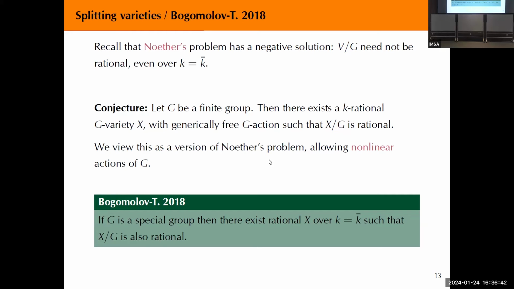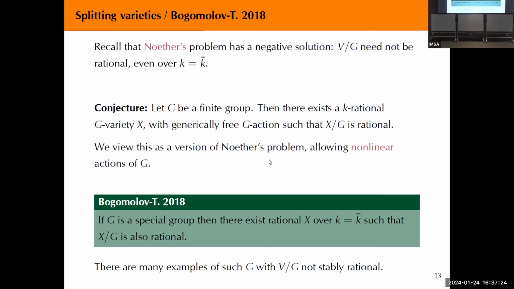All right, so maybe all these connections are not completely straightforward the first time you see them, but here we have a class of nonlinear groups G. We know that they're universal, and that all unramified cohomology classes will be captured on quotients of representations of such groups, and for those we also produce these rational X's with rational quotients.